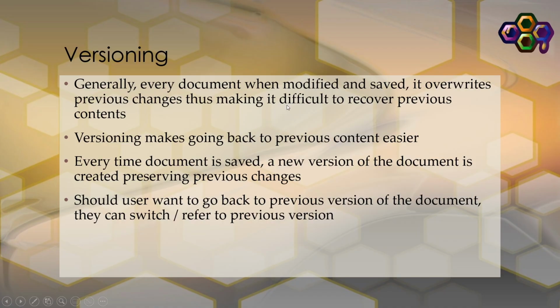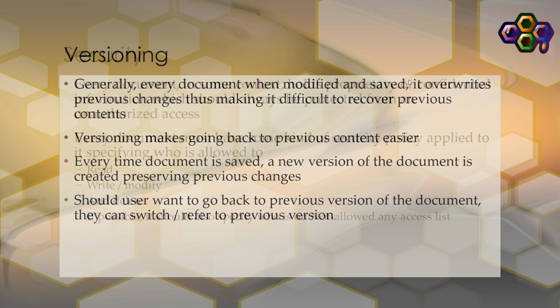So every time the versioning is turned on, every time a document is saved, a new version of the document is created, preserving previous versions. So should a user want to go back to a previous version of the document, they can just look at the previous version and they will see the content that was there. Now let's go to security.